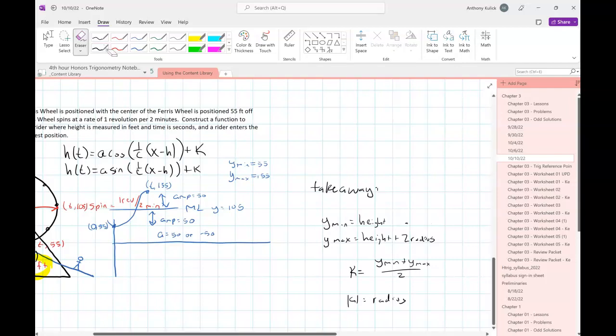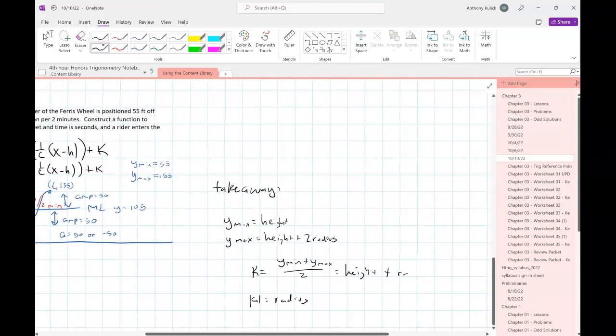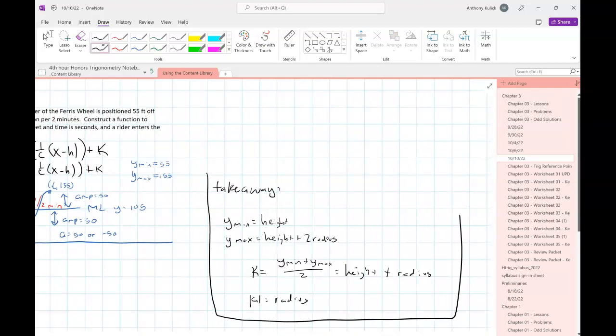This just simplified down to height plus radius. Yes, that's 2 radius, aka diameter.